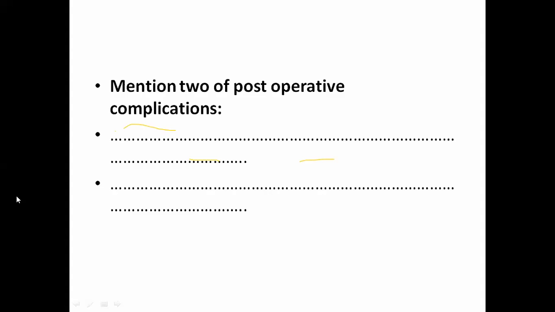Two post-operative complications we talked about, I remember: wound infection, and bleeding. Bleeding from where? From the appendicular artery, a branch of the ileocolic artery, right? So bleeding may happen from the appendicular artery, so it has to be ligated.